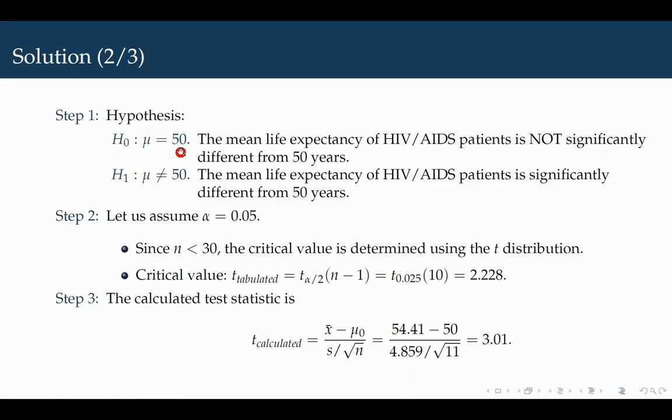It may have a small difference, but that small difference is not really significant. So the statement under the null hypothesis doesn't necessarily mean that the mean is exactly equal to 50. Rather, it means that the mean life expectancy is not significantly different from 50. But in the alternative, yes, it is significantly different from 50, which could be greater than 50 or less than 50.